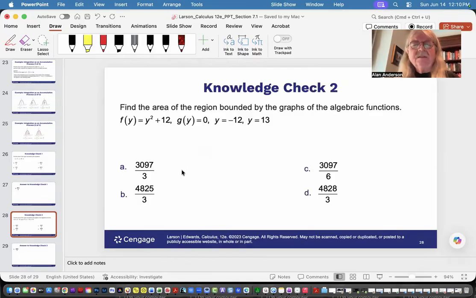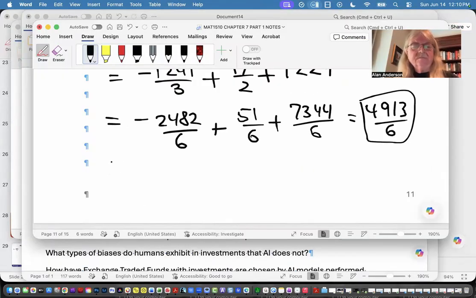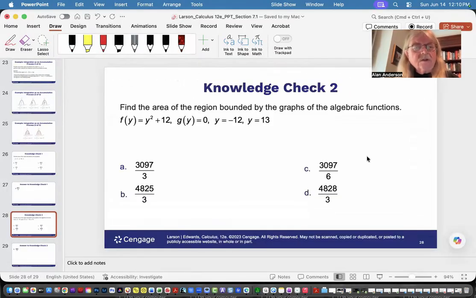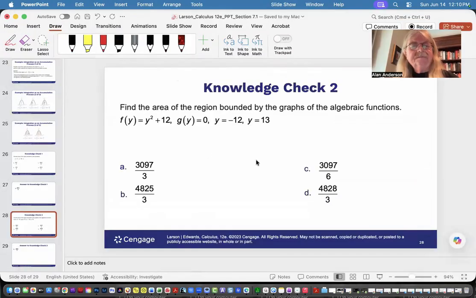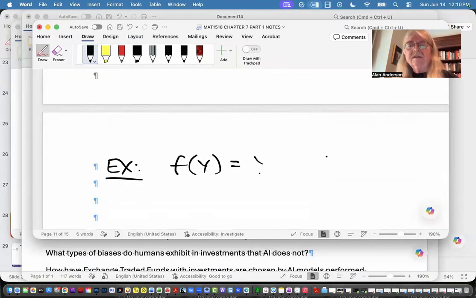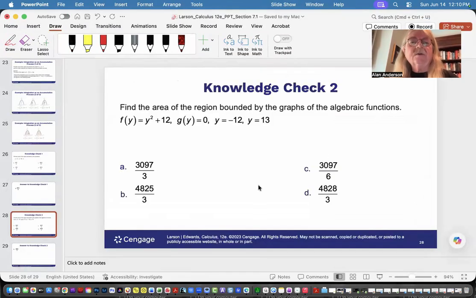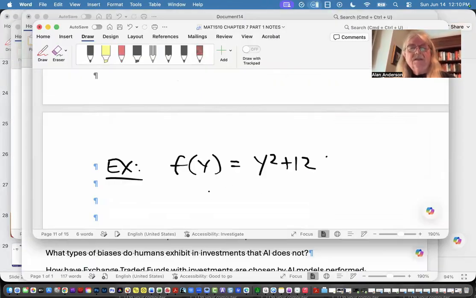So this one is because it's all in terms of y. That's how you know to go from right to left. Although later on we'll see that we can always go either way. But here they specifically are asking us to do it from right to left.